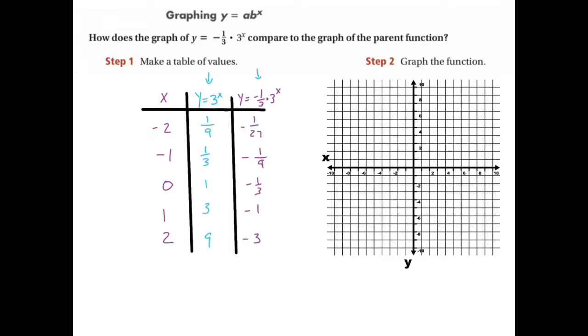So now that we have our table set, we have our values, we're going to plot the various ordered pairs to get an idea of what our two graphs are going to do. So we'll start by plotting the parent function.